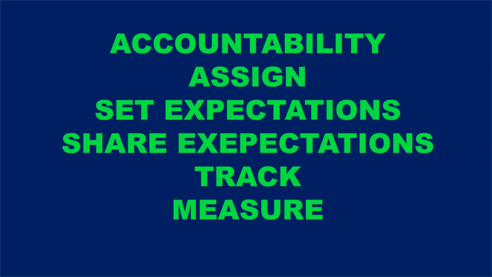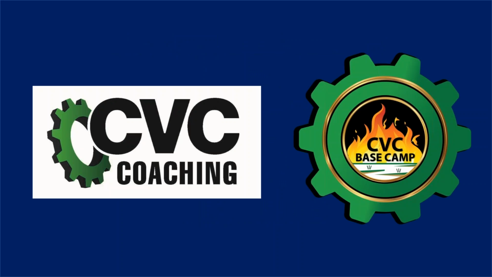They're setting expectations. They're sharing their expectations. And most of all, they are setting ways to track and measure for success. So I hope this has helped you in how to put your strategy together.